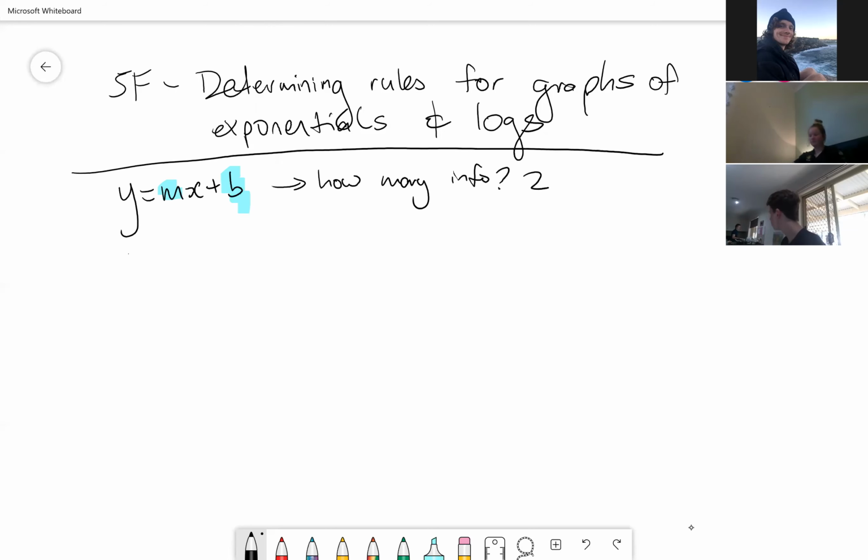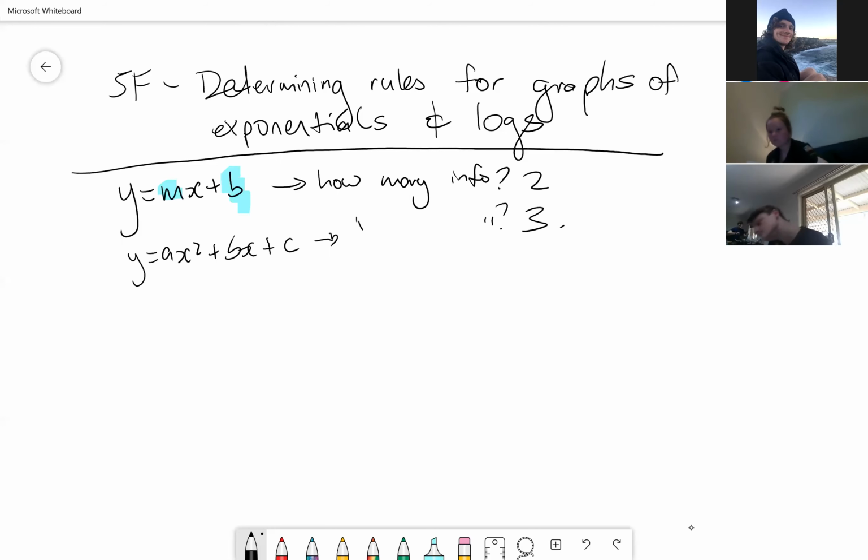And when we had y is equal to ax squared plus bx plus c, how many did we need? 3. Yeah, so it's the same sort of thing here. It's not really anything new. It's just getting comfortable with plugging in the numbers into an exponential equation and a log equation, a function, I should say. So we'll do a couple of examples now.